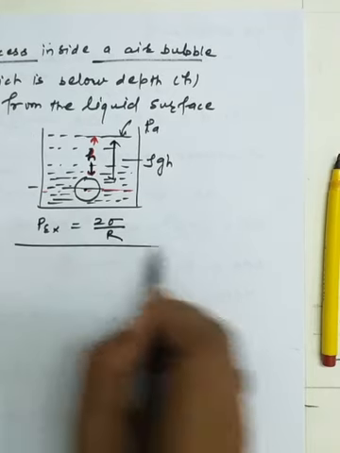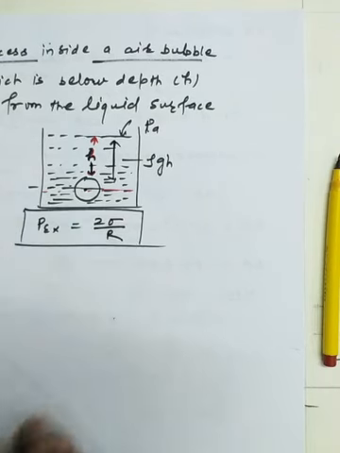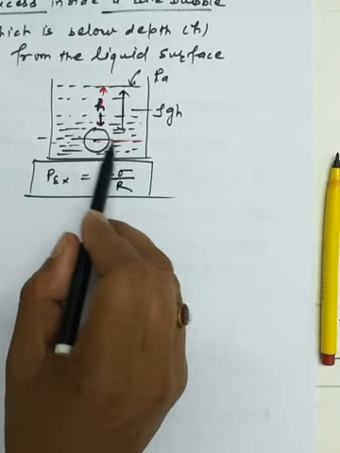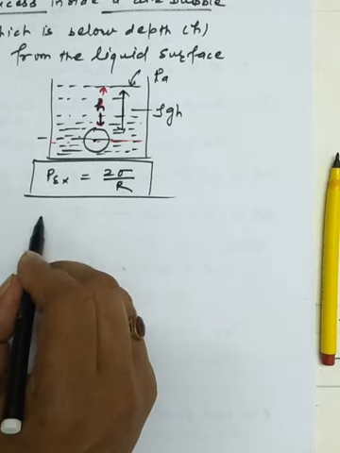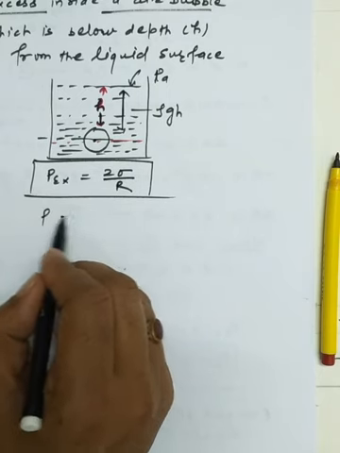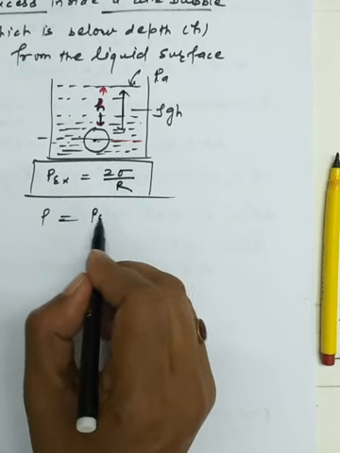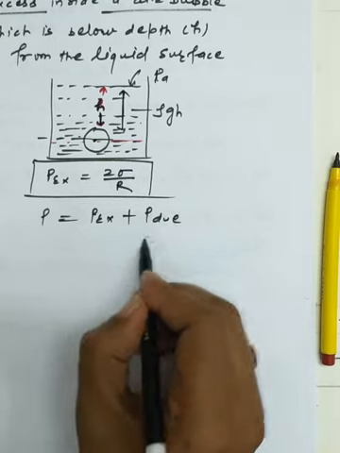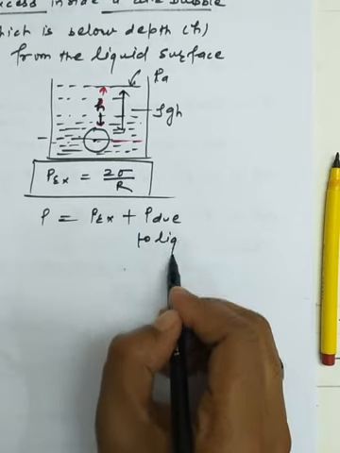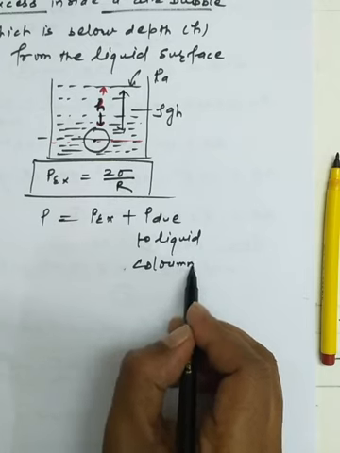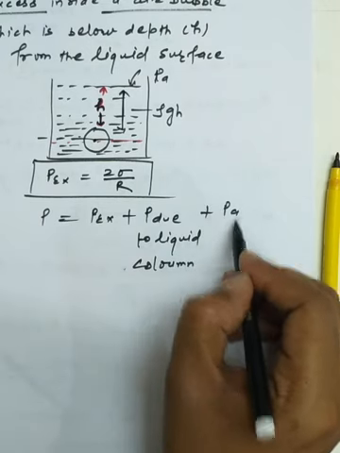As I am imagining a liquid drop at a particular depth h, the total pressure, that is the absolute pressure, is the P excess plus the pressure due to the liquid column plus the atmospheric pressure.